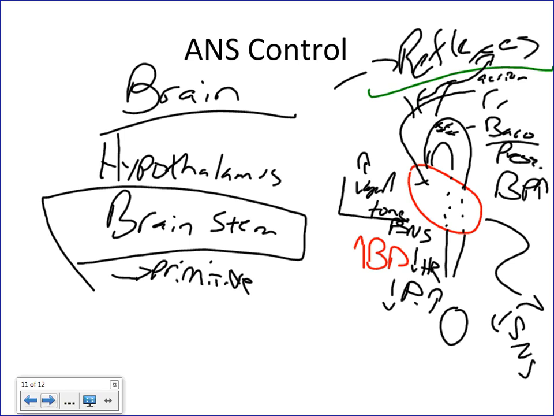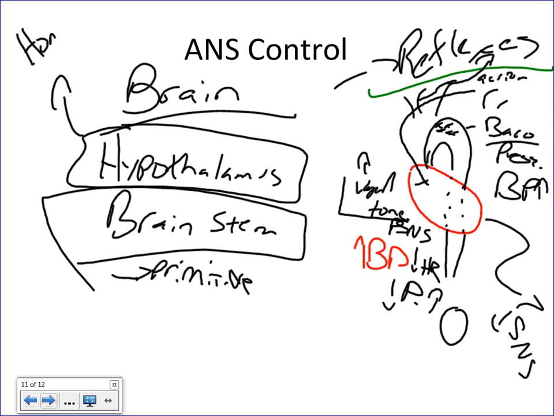And you guys know the hypothalamus is essentially for the regulation of our homeostasis. It can help us regulate items such as body temperature and appetite, and so on.